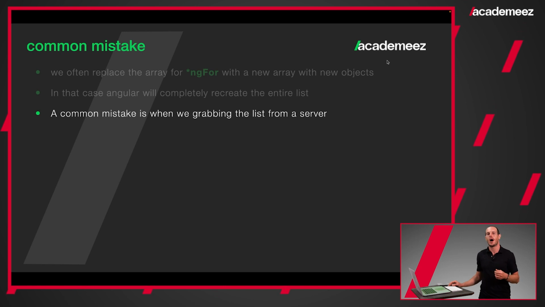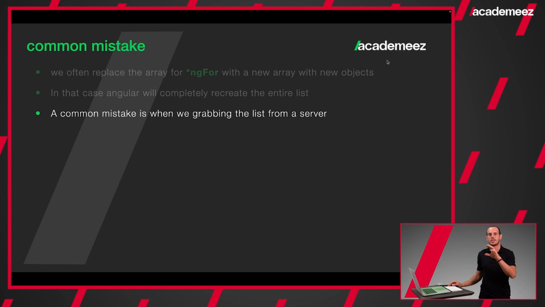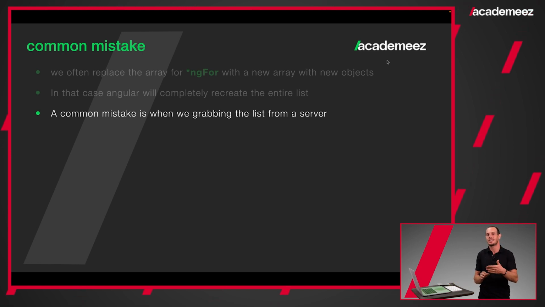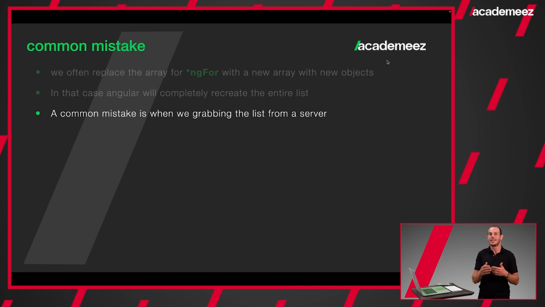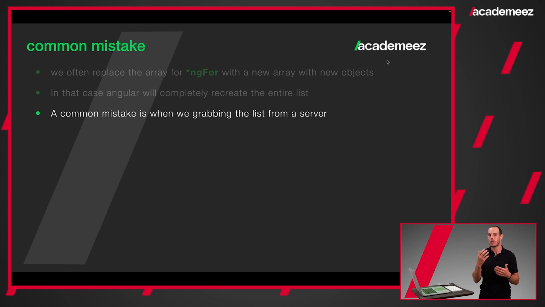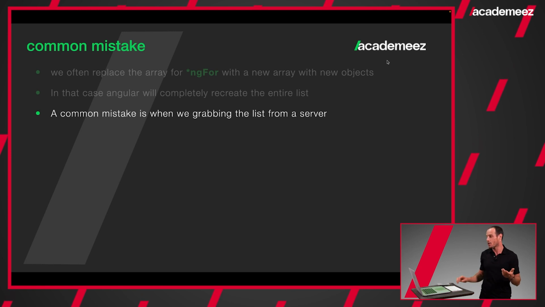Let's say a scenario of a list that displays with a search. You have a search and then a list of items. Every time you type in the search input, the list is filtered. You send a request to a server and the server returns you a new list. In this case, every time you send a request, you get a brand new list. All the DOM elements are completely recreated, where some elements might need to be replaced and not recreated.